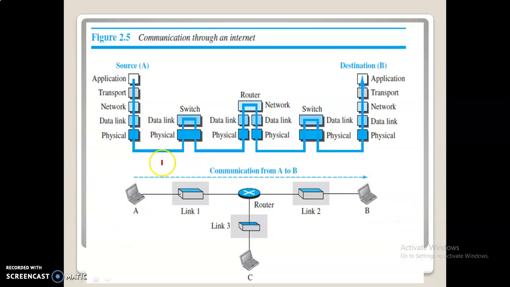In this diagram, we will discuss how communication occurs between source A and destination B. Consider that I am sending data from source A to destination B. It crosses the 5 layers at the source, and is received through the 5 layers at destination B. Here we see the virtual diagram: system A, the link layer switch, then the router, the link layer switch, then system B.